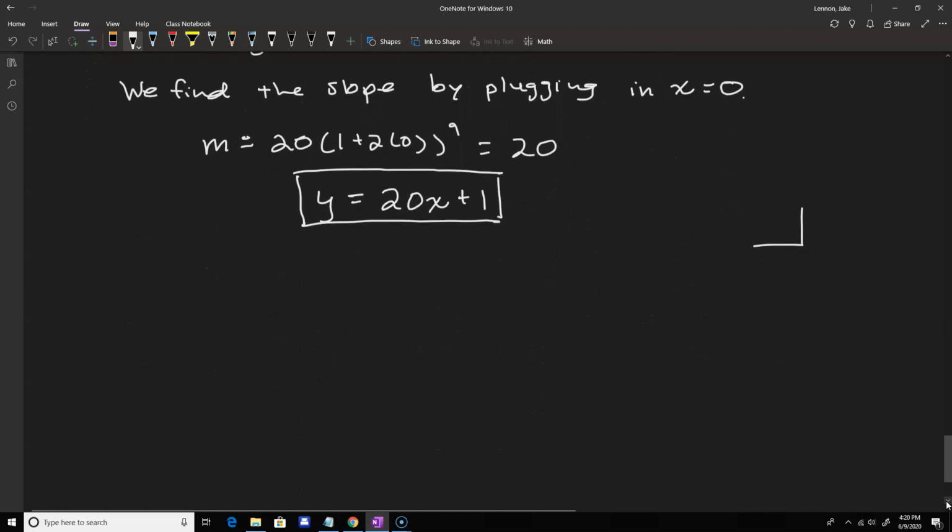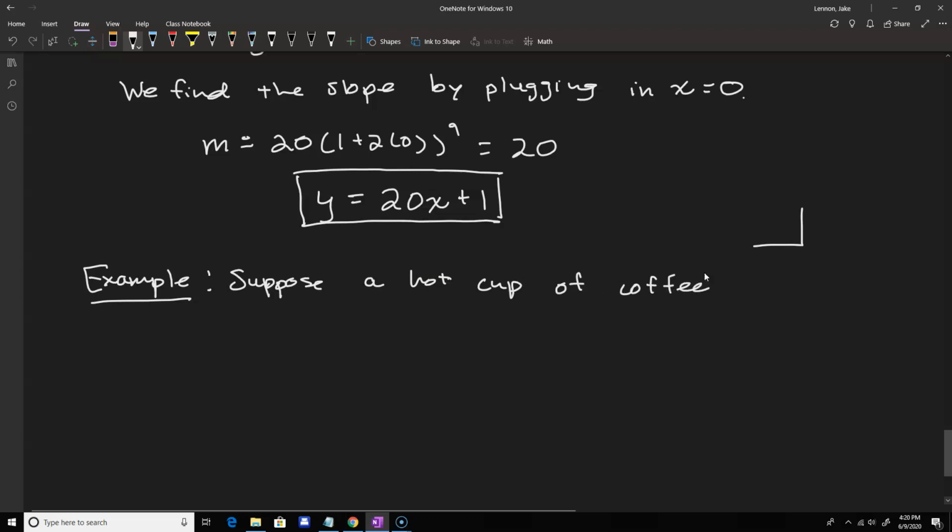So let's look at another application example. Let's look at this following word problem. Suppose a hot cup of coffee is left on the kitchen counter.